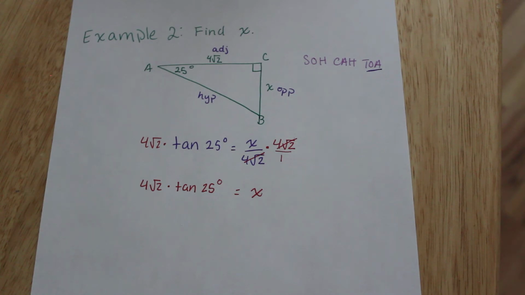I'm just getting that up on my calculator really quickly, guys. I'm struggling just a little bit here. So 4 times the square root of 2 times tangent of 25 degrees.